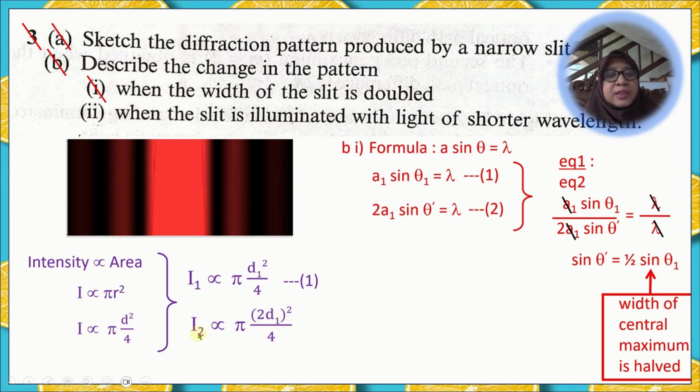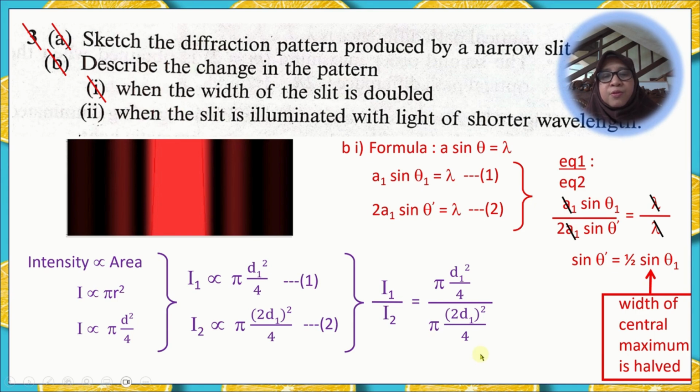This is intensity 2, which we are going to compare to intensity 1 for the first situation. Now we use ratio, I1 over I2, so pi D1 squared over 4 over pi bracket 2D1 squared over 4. So we cancel pi, D1 and the 4, and we get the intensity becomes 4 I1.